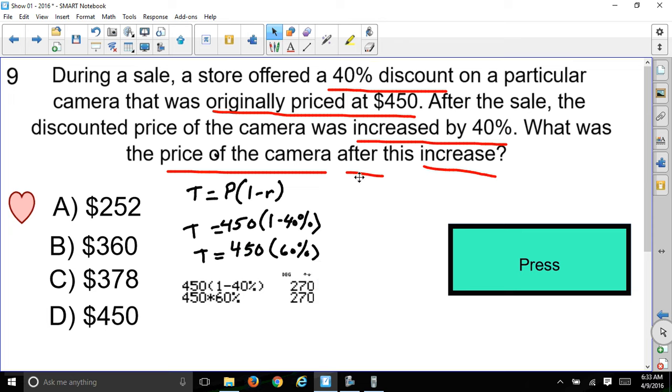Now, that's not all. They said that there was an increase from the discounted price by 40%. So now you're going to be paying an extra amount of money.